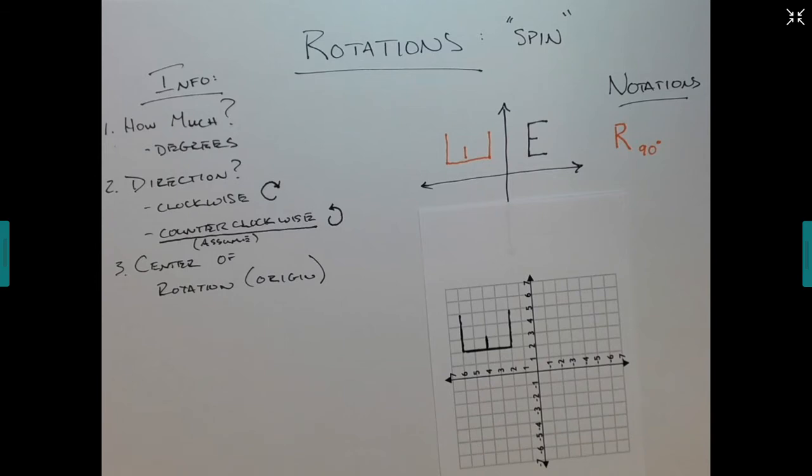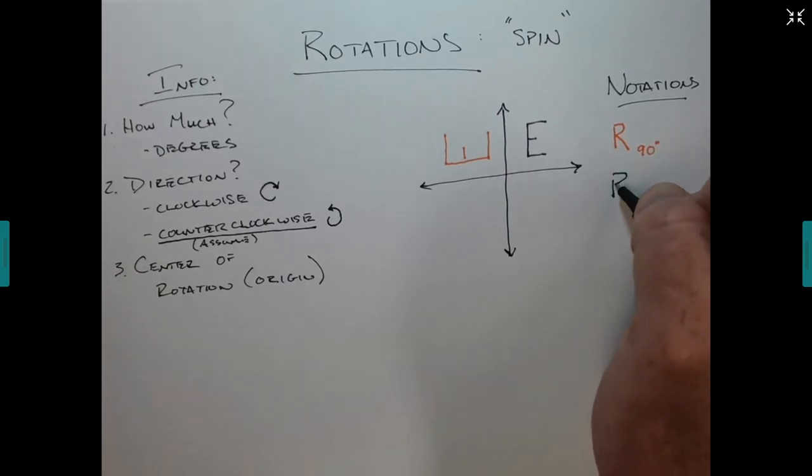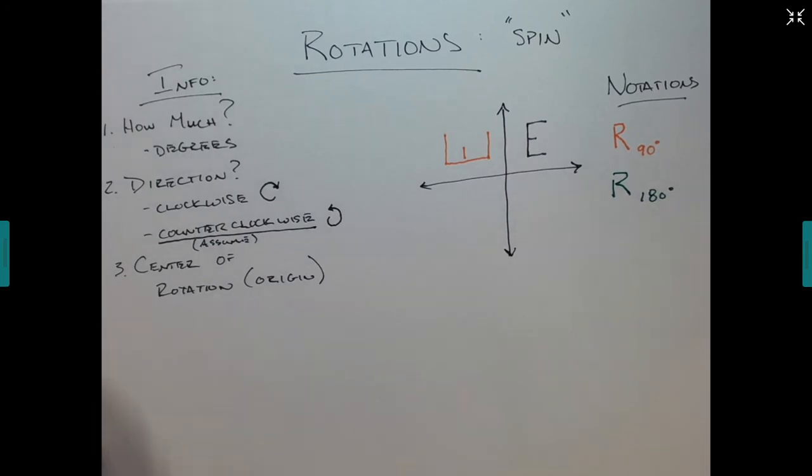All right. And then try in your mind, see if you can figure out what a rotation from the original object of 180 degrees would look like. See if you can see it in your mind, maybe possibly write it down real quick. If you really want to challenge yourself, this would be a good time to pause the video and see what you got.